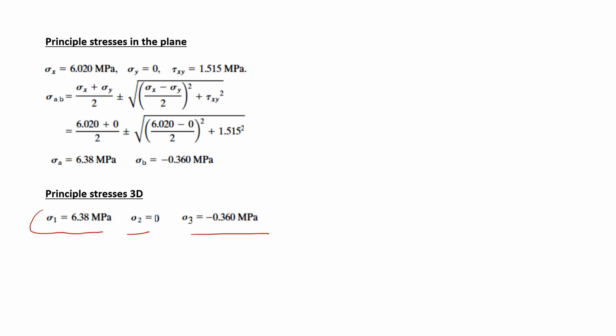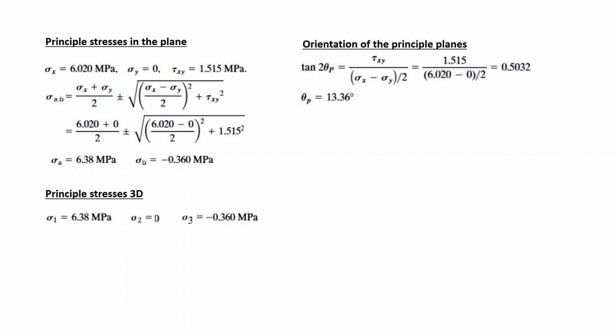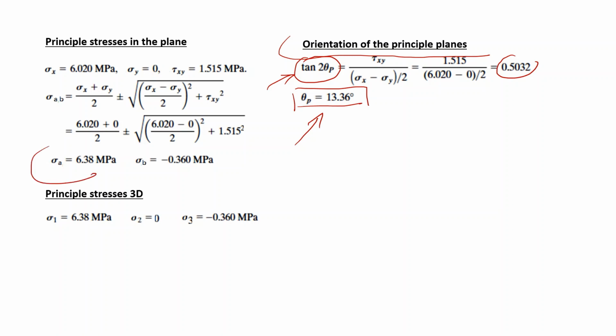Next, what about the orientation of these principal planes? We again have a formula and we can calculate tangent of 2 theta, and theta is found as 13.36. You may not know whether this 13.36 belongs to this stress or this one.